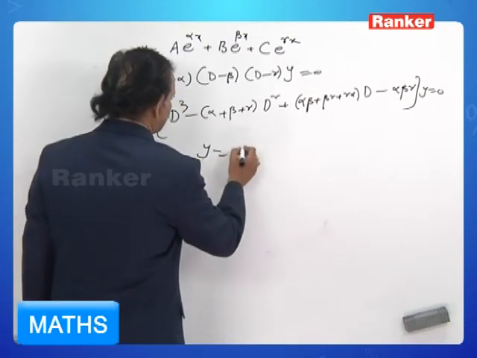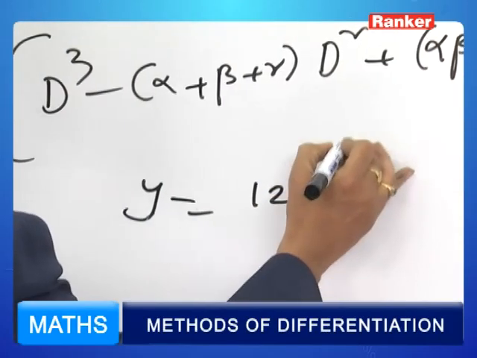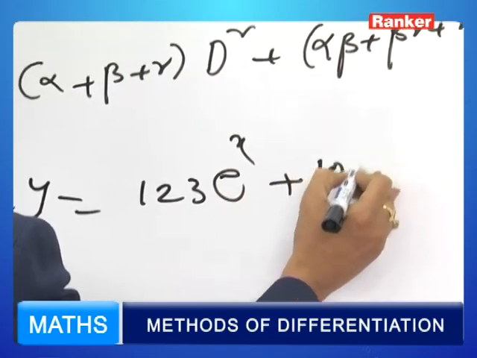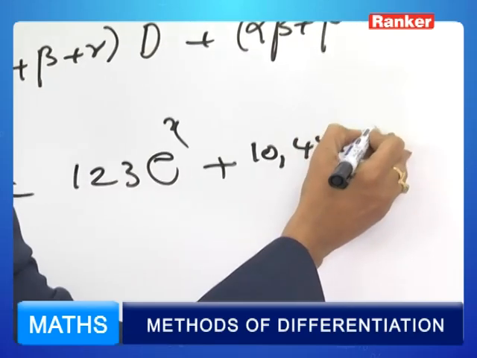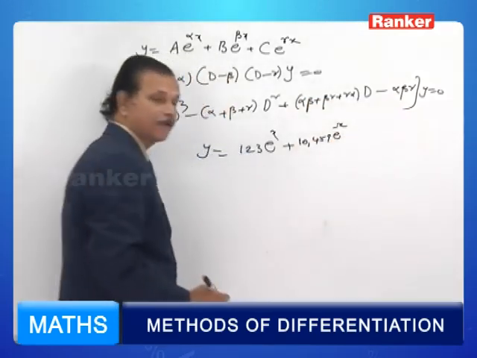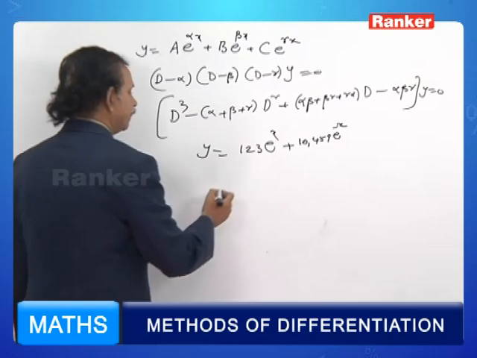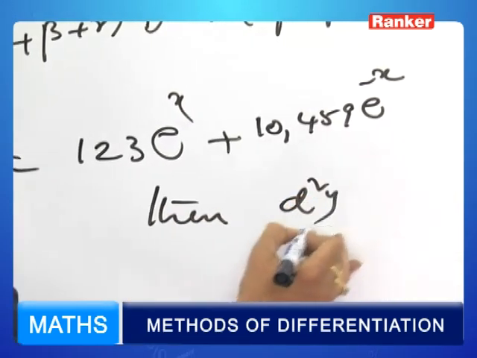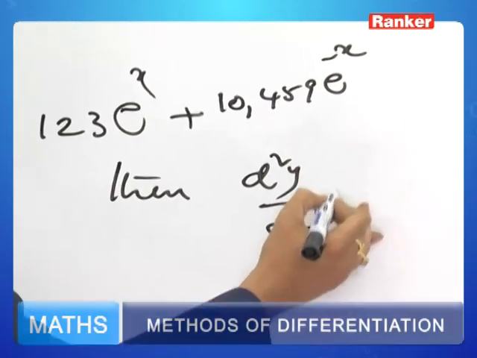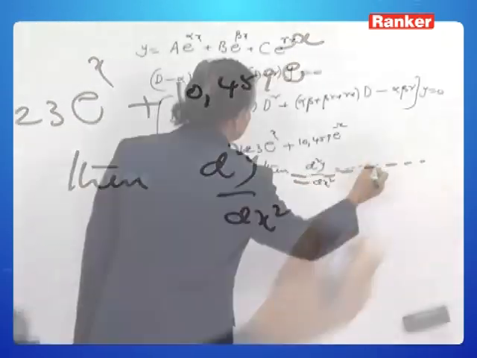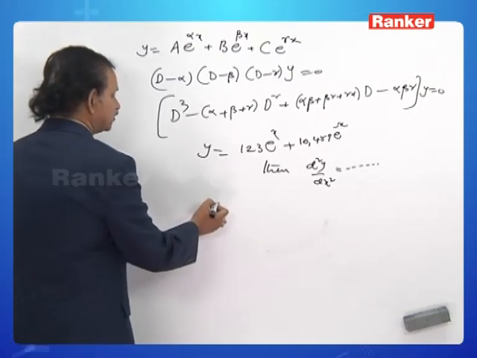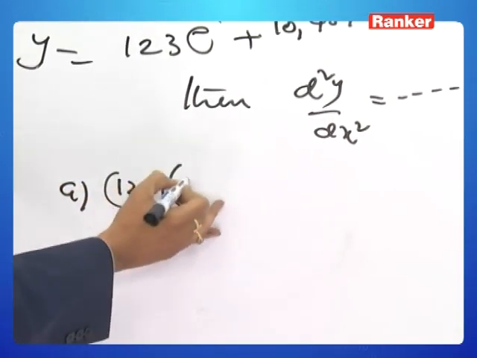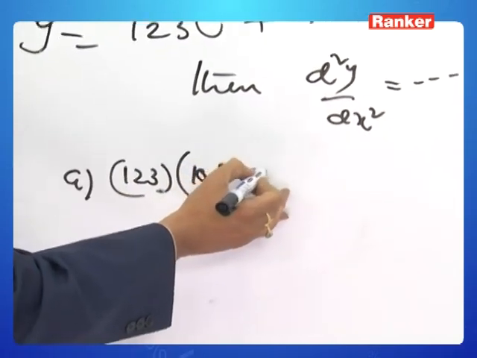Y is equal to 123 e power x plus 10,459 e power minus x. Then d square y by dx square is equal to: first option, 123 into 10,459 into y.